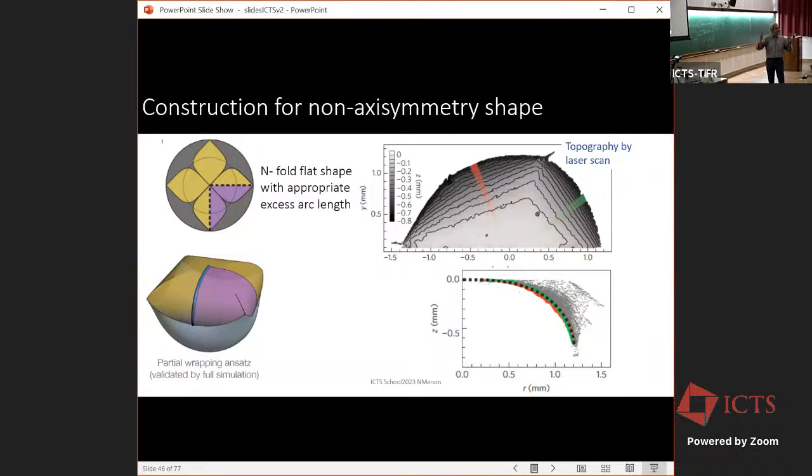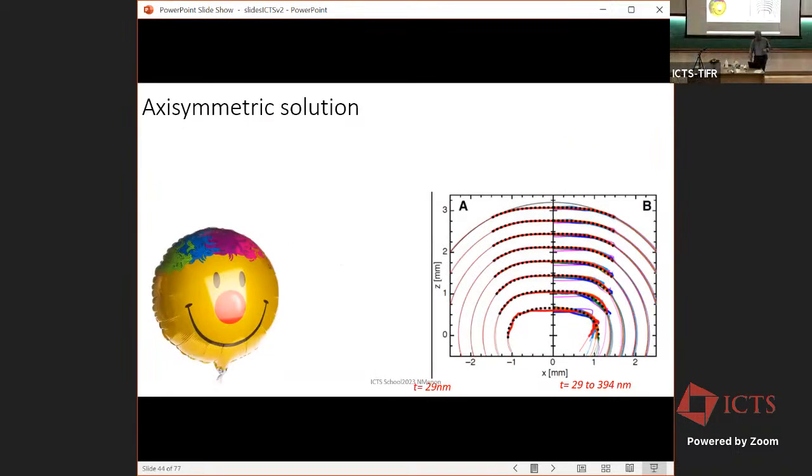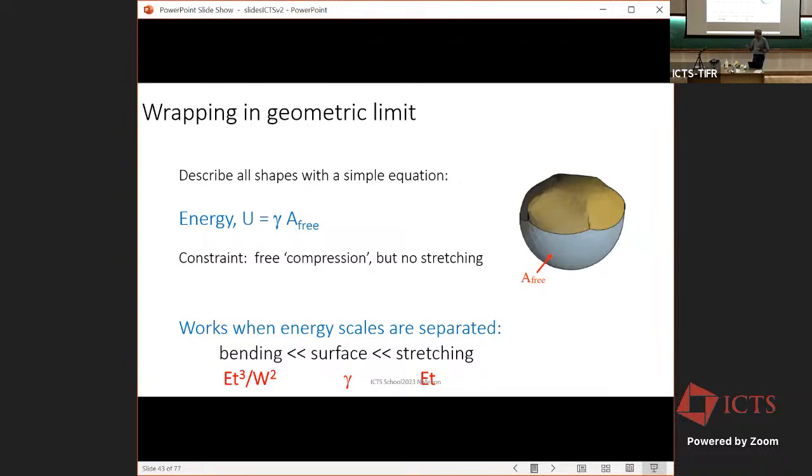So you can make 3-petaled objects, 4-petaled objects, 5-petaled objects, things like that. And with simulation, you can actually just try a straight minimization of this object, and our colleagues did a pretty good job in describing the overall shapes.